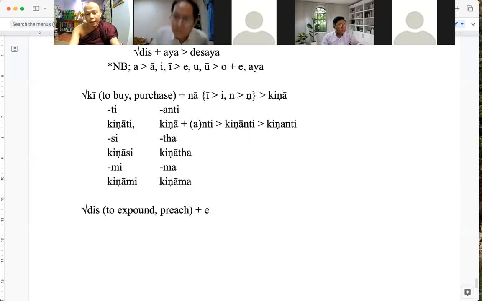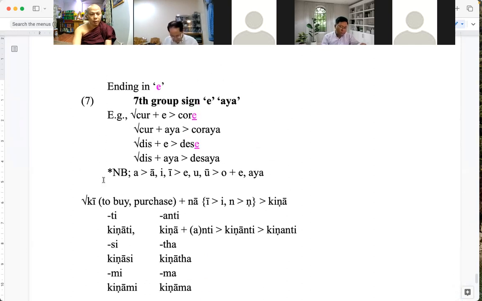And the sign is A actually. So that is why this sign is the seventh group sign. That is why when I introduce these seven signs, this note is important to remember.